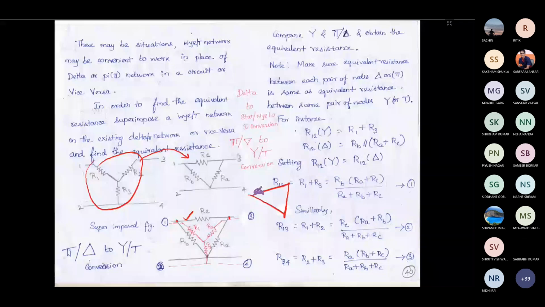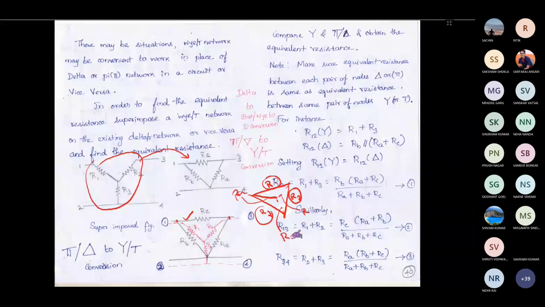So if we have certain resistances R1, R2, and R3, and the delta is given, we are going to represent the star connection based on these resistances. For this star connection, there are different values. Let's say this is RA, this is RB and RC.